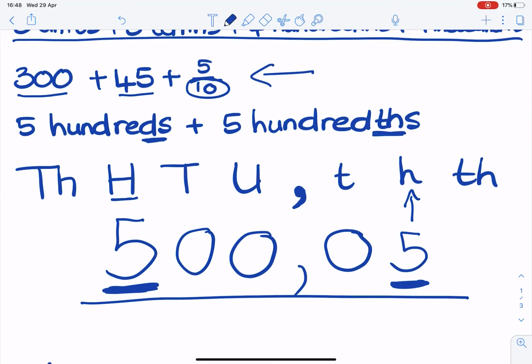Question 2 is asking you to write the fractions as decimal numbers. Remember that the denominator tells you where the number ends, which column the last number can be in. Question 3 is asking you to give the place value and the total value of each of the underlined digits.